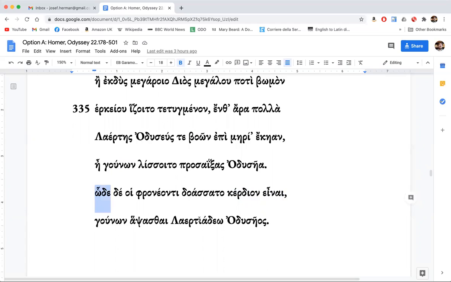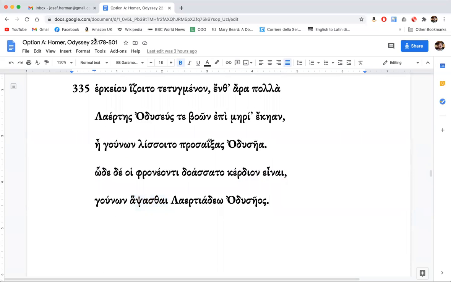Right, it seemed to be better thus, to, and then we hear what he thought was better, to hapsasthai, literally to touch or to clasp. This is an infinitive, which comes from the verb, also quite a common verb, haptomai, meaning to touch, or I touch.